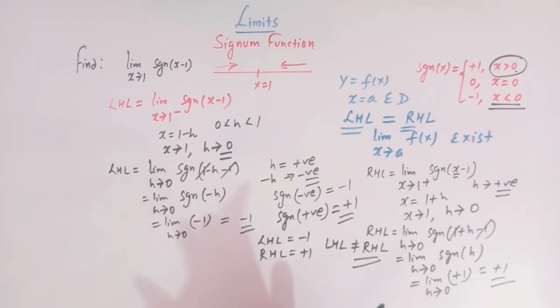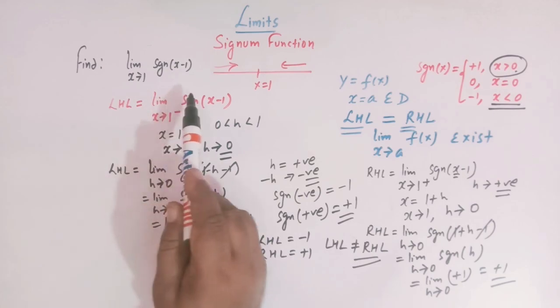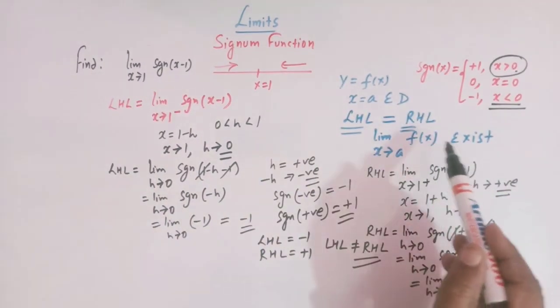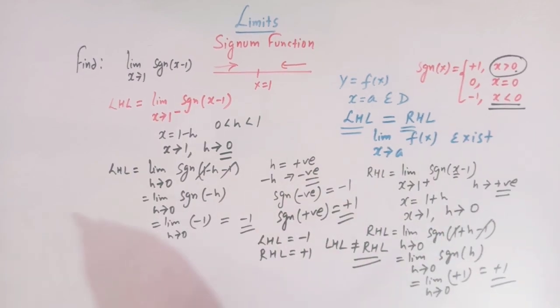So we claim that the limit of this function does not exist as per this definition, right? So this is how we can solve these type of problems. We can also solve this problem by another method, and we can discuss that method in our next video.